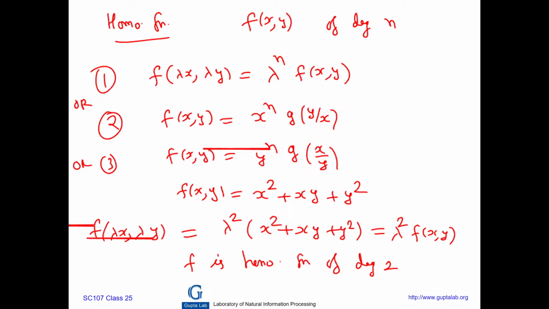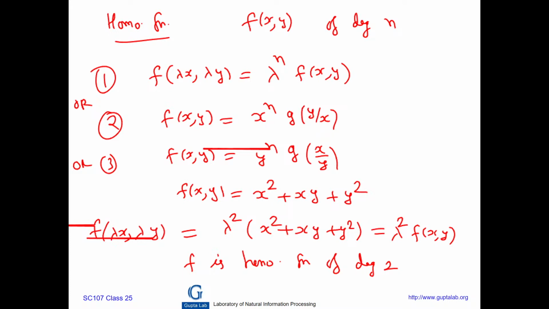So this is degree 2, this is degree 2, and this is degree 1 plus 1, which is 2, right? So the overall function is a homogeneous function. How do we check that? We just replace x by lambda x and y by lambda y. Whatever power of lambda comes, that is the degree of the homogeneous function, right? So this function is a homogeneous function of degree 2.